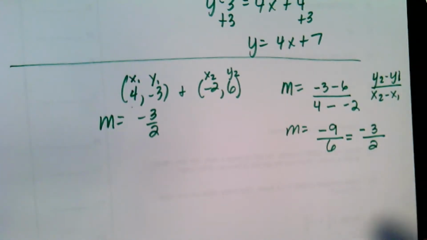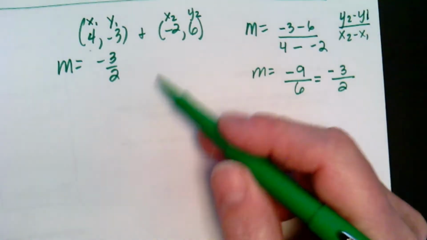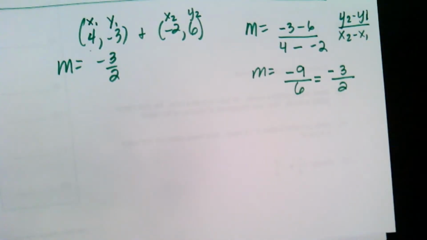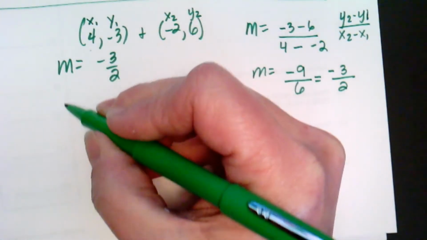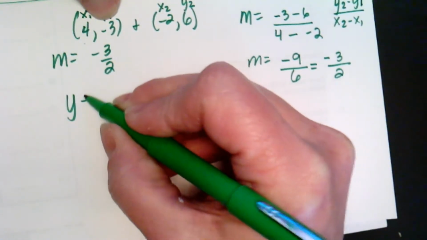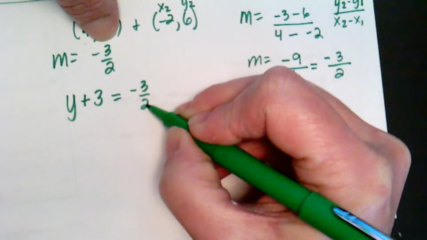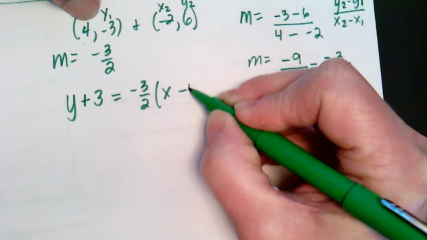Depending on which point you use, it'll look different in the in-betweens, but when you get to your slope-intercept form, you will have the same answer. So I'm just going to choose my first one. So y take away negative 3, m, and then x take away 4.